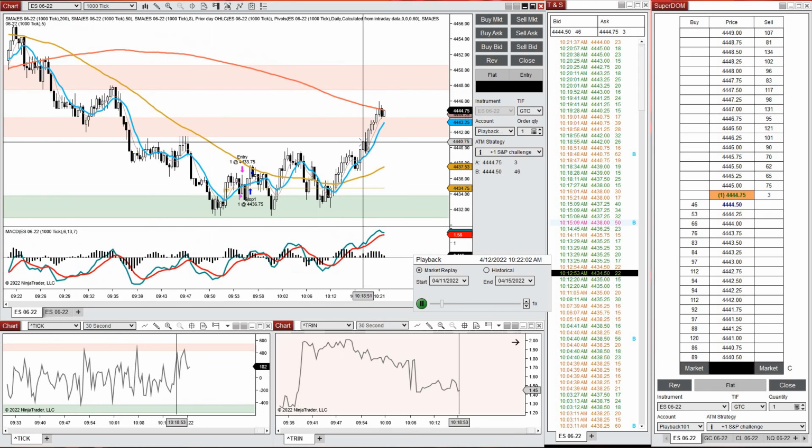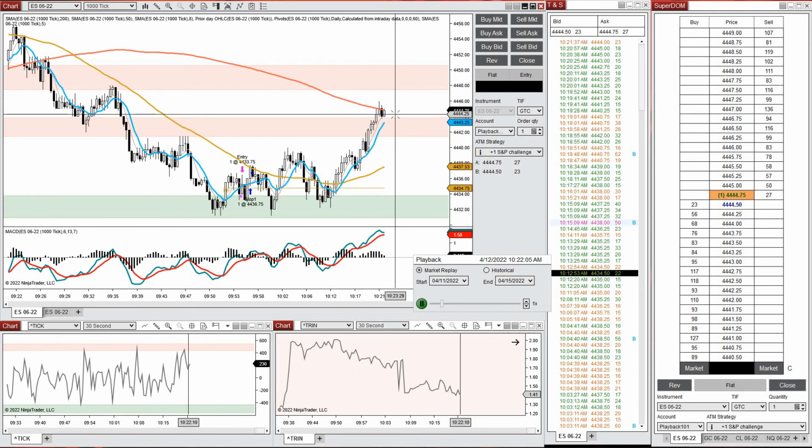Stochastics overbought. I can short this.